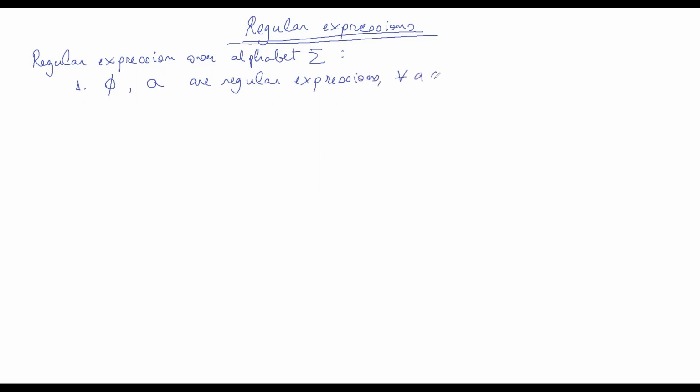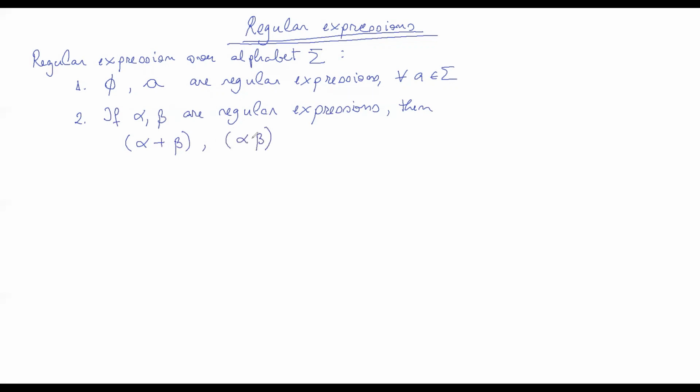For all A in sigma. So for every letter A in sigma, I'm going to have a regular expression denoted by A. Second, this is the inductive step. If alpha and beta are regular expressions, then also alpha plus beta, also alpha beta.